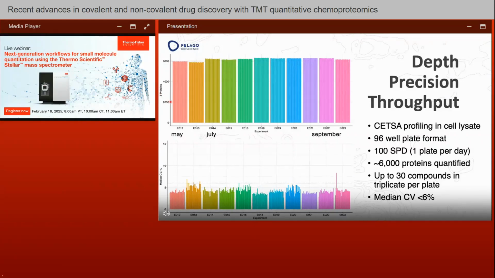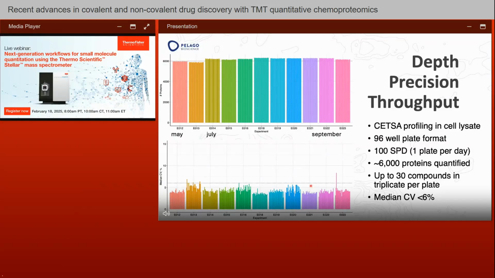On the top plot, we see the number of proteins quantified in experiments, and we can see that we routinely stay above 6,000 proteins across the whole plate. And in the bottom plot, we can see the median CV across the triplicates, and we see that we're routinely below 6% in terms of the median CV.